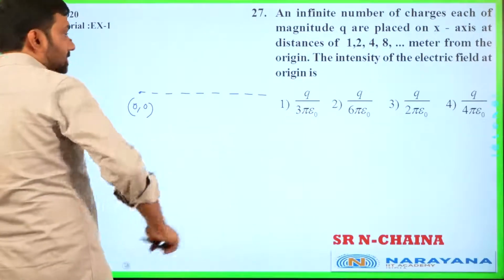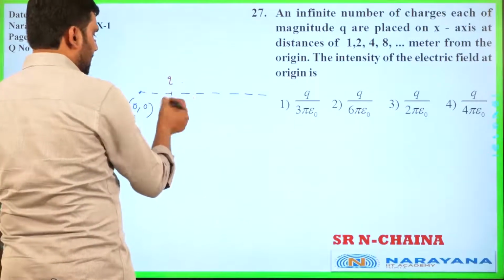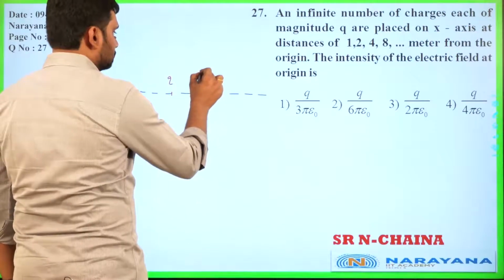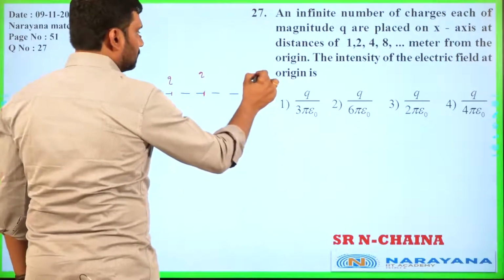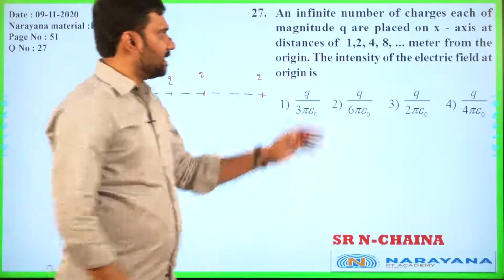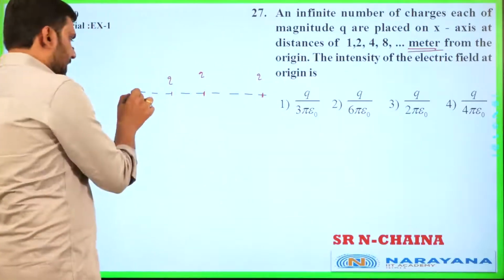I am going to take the charges like, this is q at distance 1, then at 2, then at 4, like this. Okay, and I am going to consider them as SI unit. It is given already, they are in meter. So they are asking what is the electric field here.